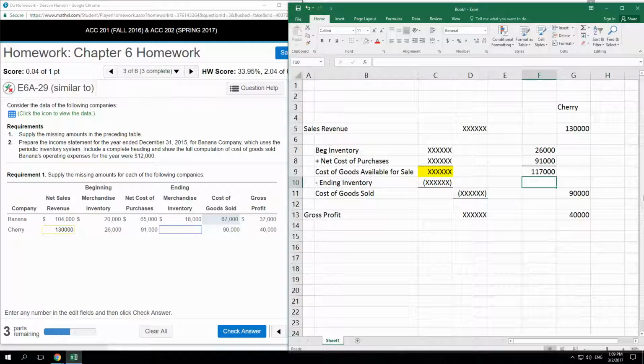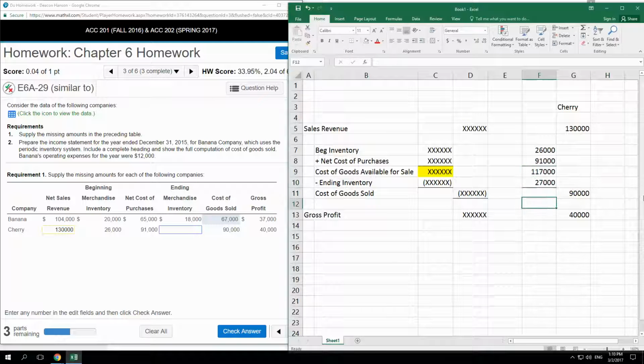So now I'm really only solving for ending inventory. If you remember, cost of goods available for sale, the 117 minus ending inventory will give me cost of goods sold. So really, I can go cost of goods available for sale minus cost of goods sold. That should give me the difference, which is going to be the ending inventory.